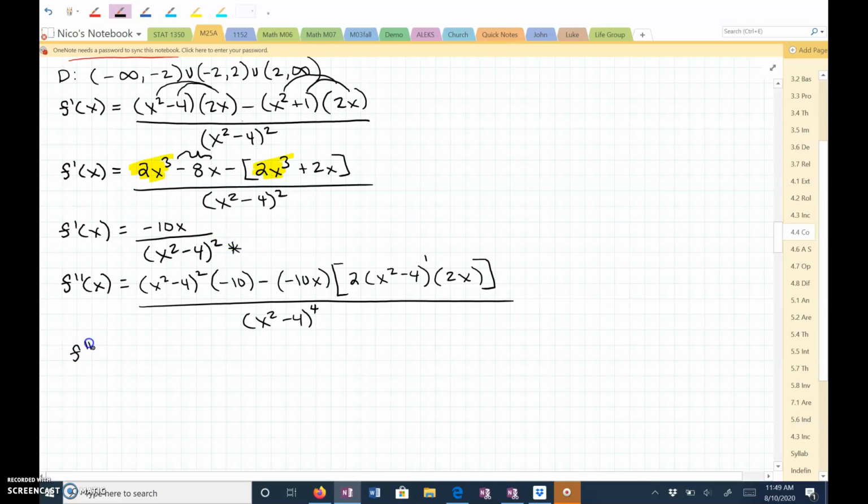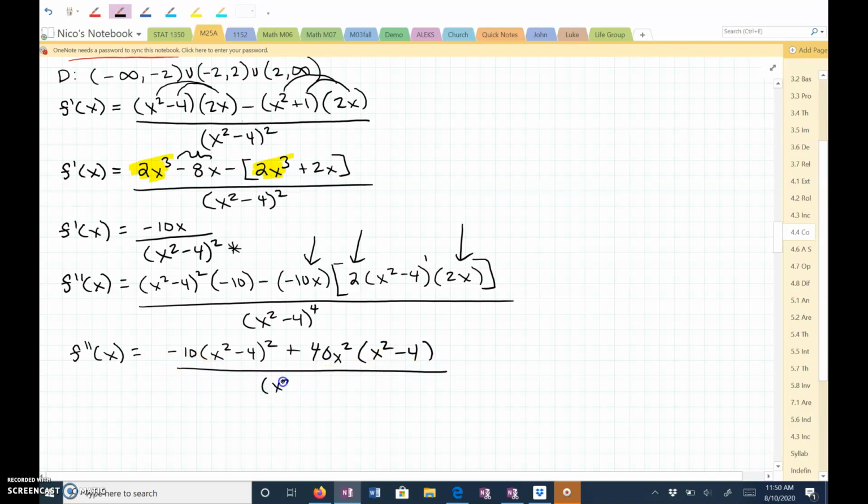Okay, so now let's simplify this. Let's see, so I've got negative 10 times x squared minus 4 squared plus, let's see, that's going to be plus 10x times 2 times 2x, which is 40x squared, times x squared minus 4 to the first power, all over x squared minus 4 to the fourth power.